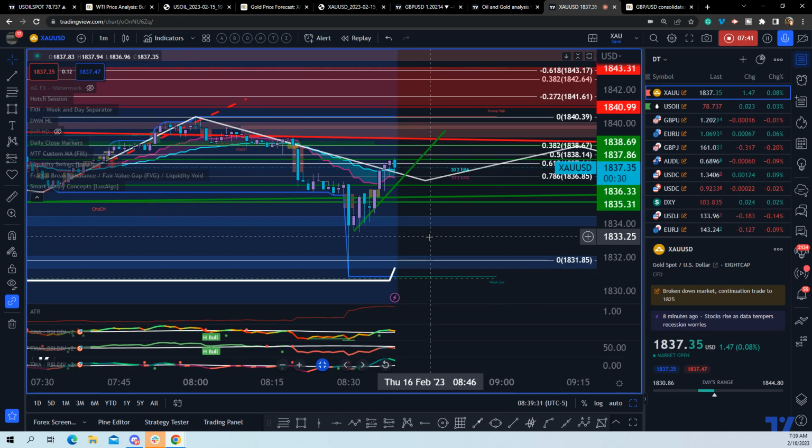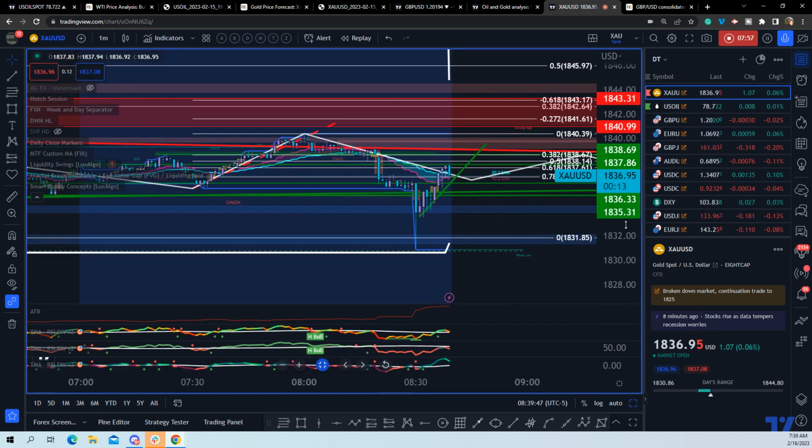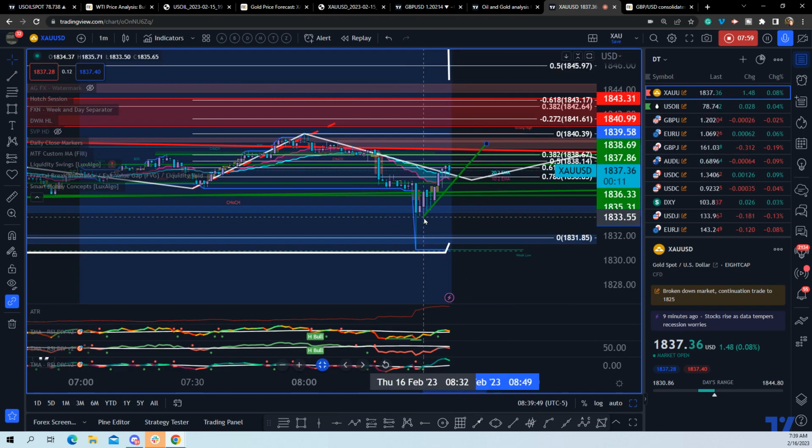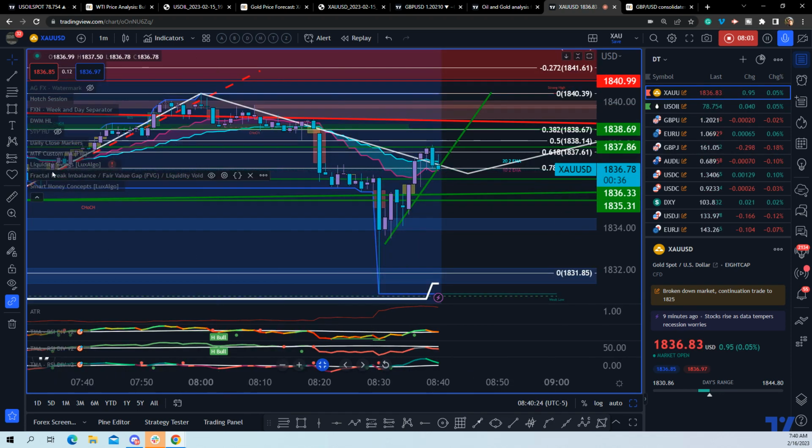You had Philly Fed missing the beat, and housing, which were both soft. But the PPI is the one I think the markets are going to be concentrating on, with inflation being the dominant driver.